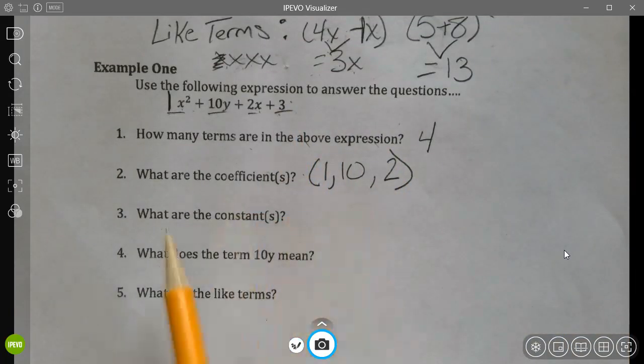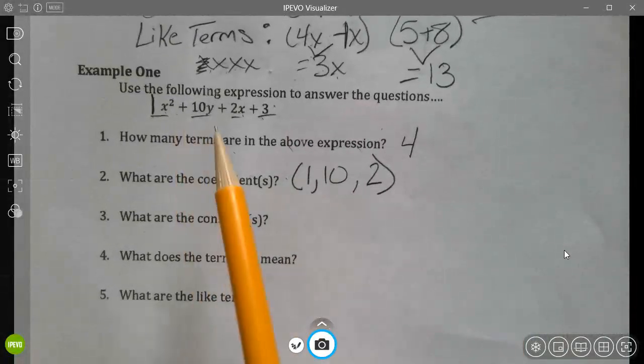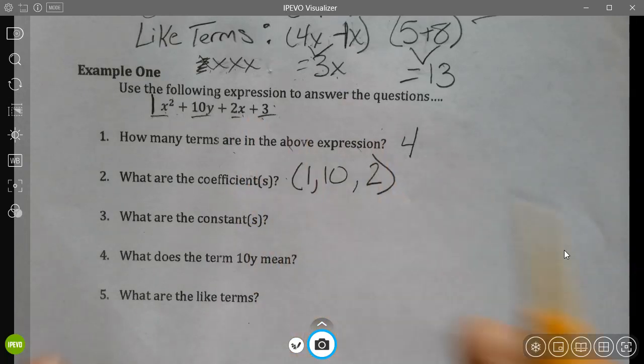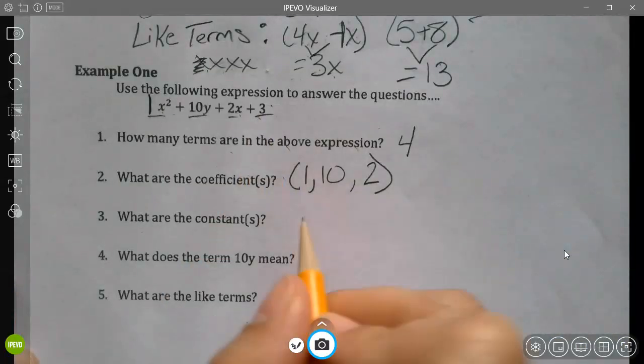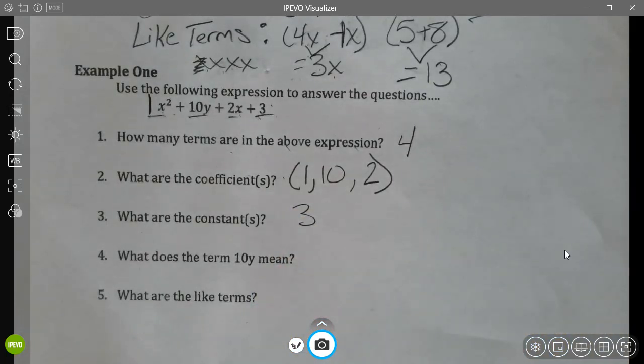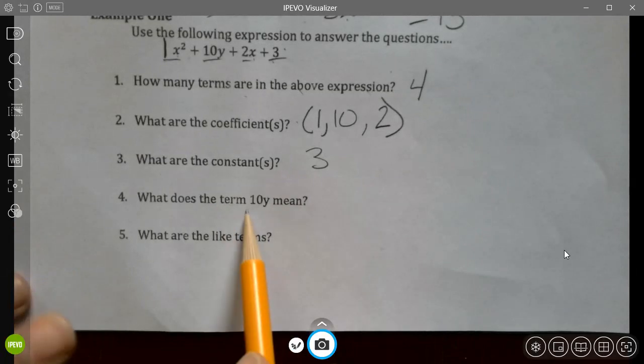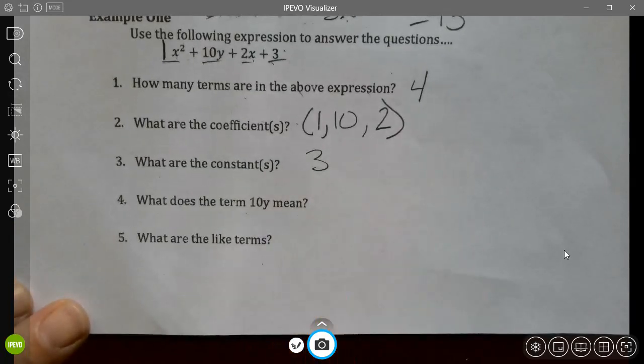Which leads us to the next question. What are the constants? Constants are the numbers without variables. The only one that I have that does not have a variable is my 3. So what are the constants? Positive 3. What does the term 10y mean?